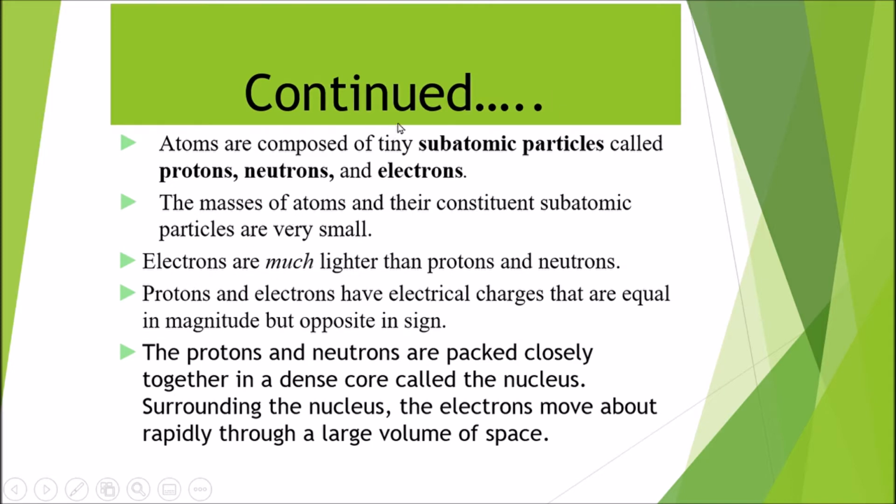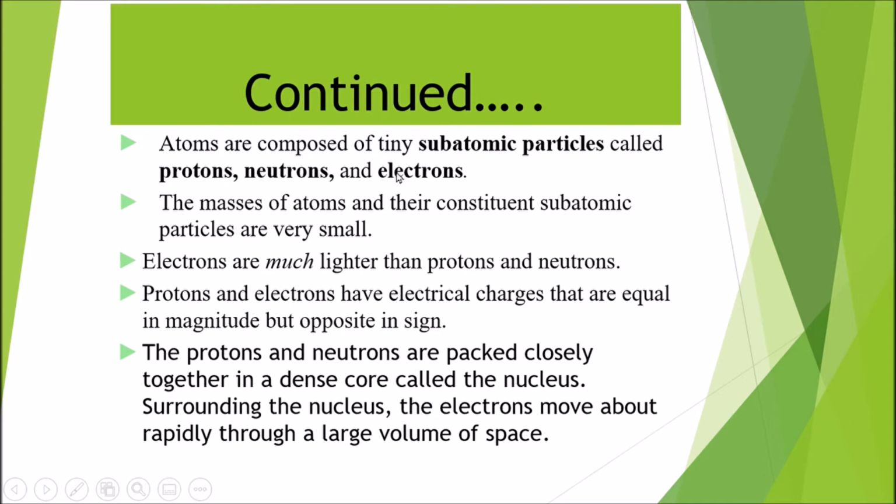Atoms are composed of small particles that are called subatomic particles, or SAPs. These are protons, neutrons, and electrons. Now, protons and neutrons contribute to the mass of an atom, but electrons are so small, so insignificant, that they don't really contribute to the mass at all.